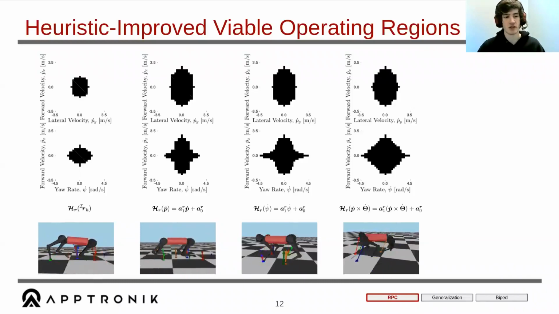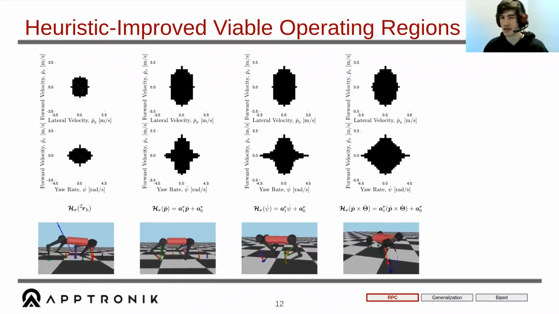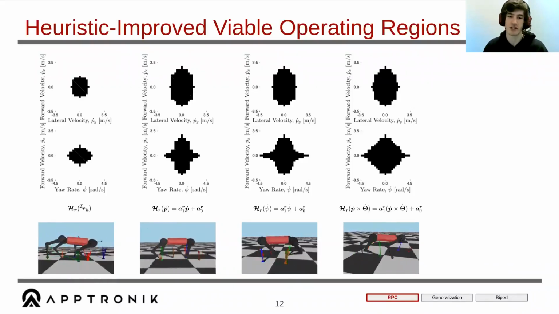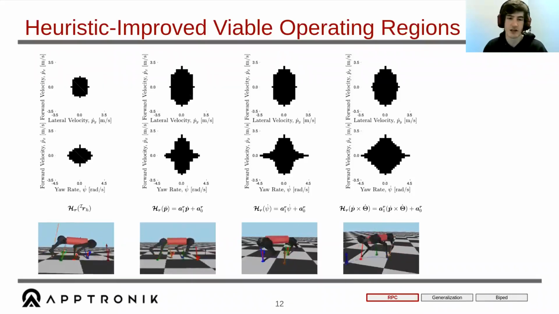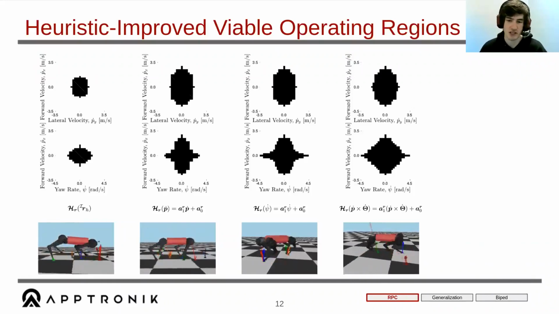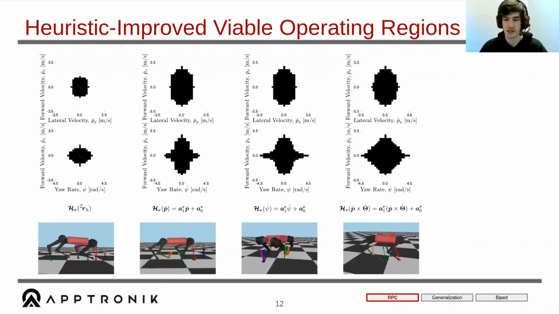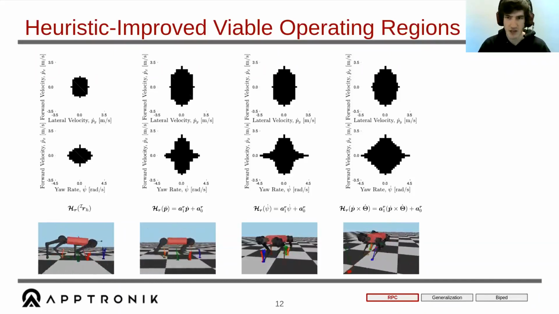And that intuitively follows what you see in nature. If you see an animal running at very high speed and turning, you'll see it place its feet outwards along the radius of the turn. So it's cool to see that the heuristic extraction framework was able to find this all on its own.